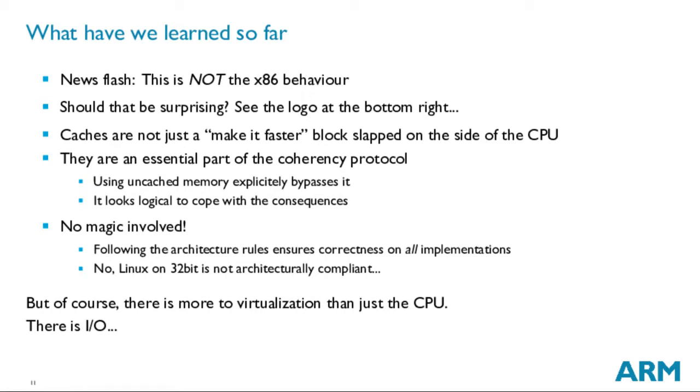This is not the expected behavior if you're familiar with an x86 system at all. Well, that's not completely surprising. We're not Intel. The real reason is that caches are not just here to make things faster.